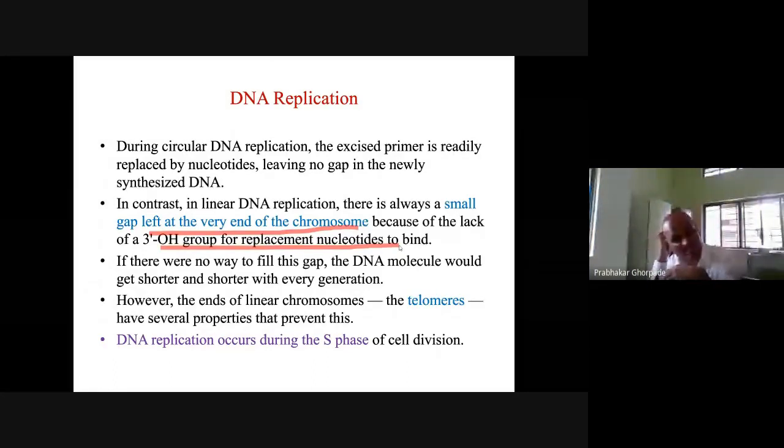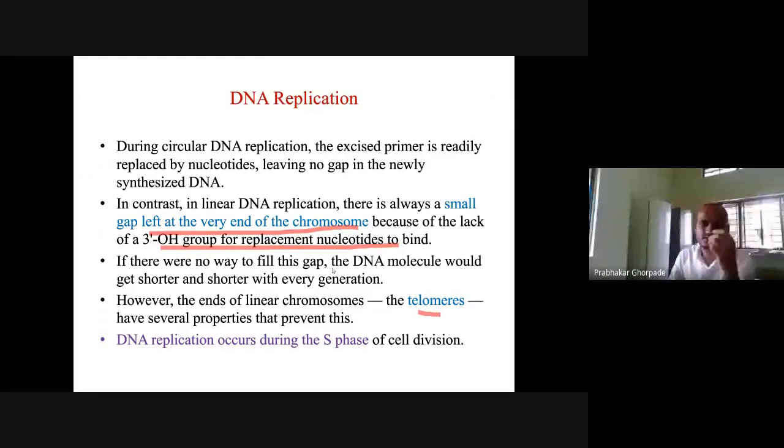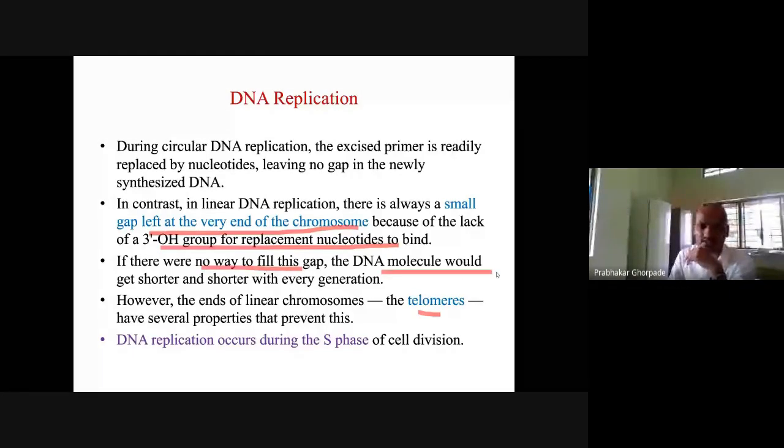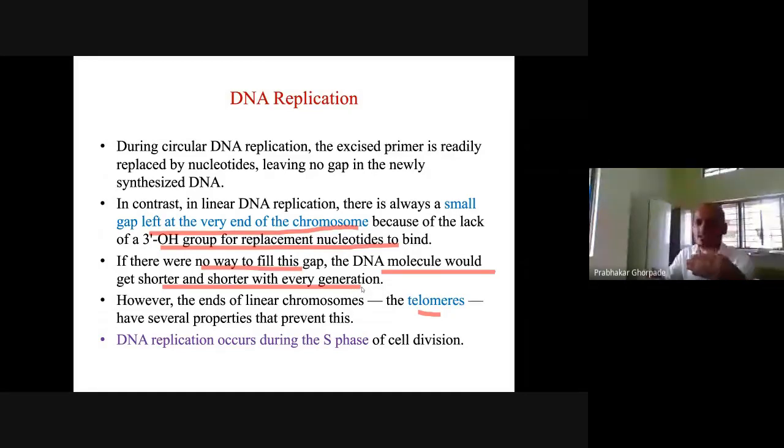That phenomenon exists, and the cell has a way of sorting out this problem, which is addressed by the telomeres at the end of the chromosome. If there is no way to fill the gap, the DNA molecule will become shorter every generation. So next time, if a cow is there, its calf will have less genome content than the cow.